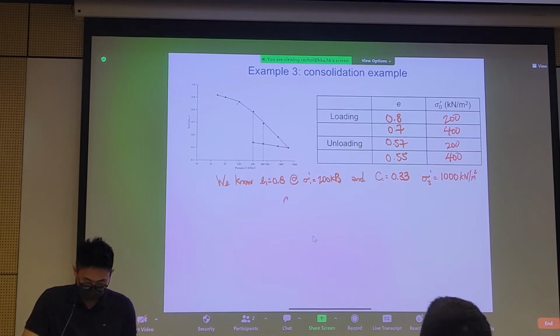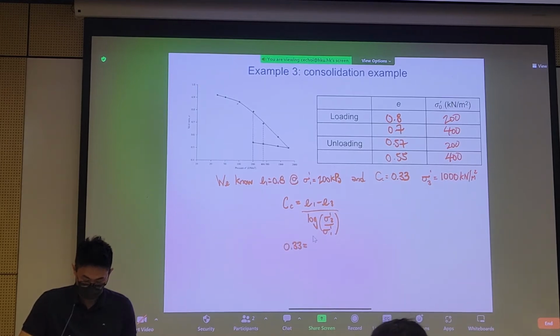So again, this is nothing challenging. You know this is just a slope equation. And we know our compression index is 0.33. We know the initial void ratio is 0.8.